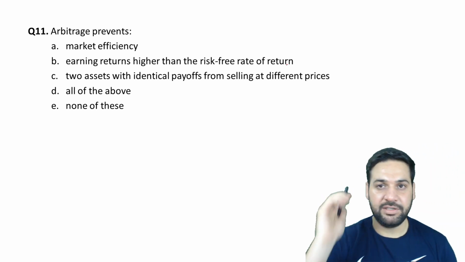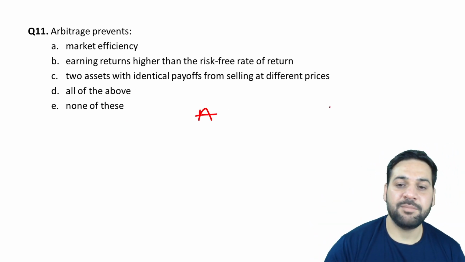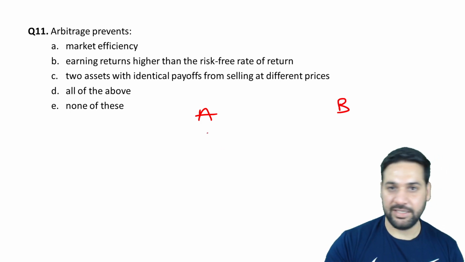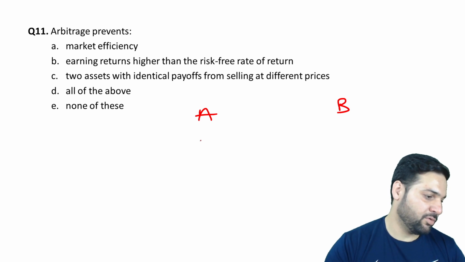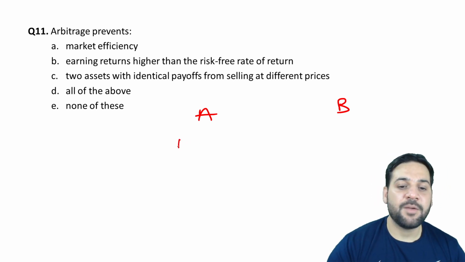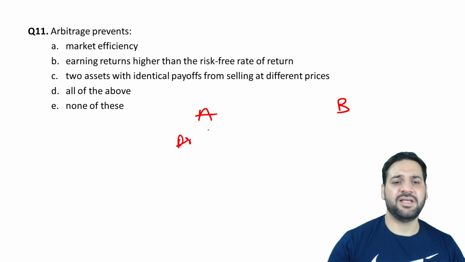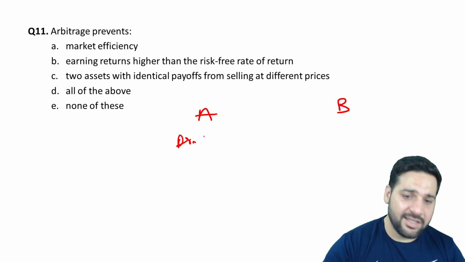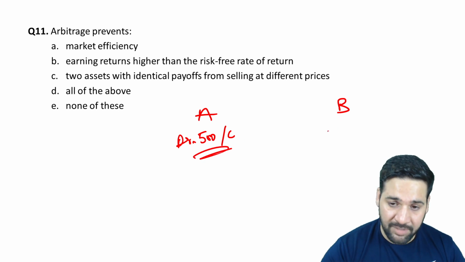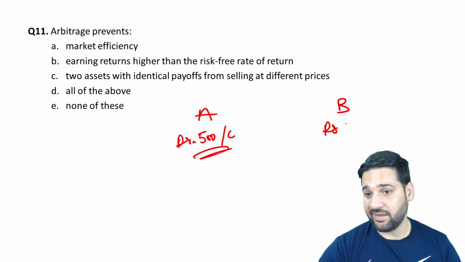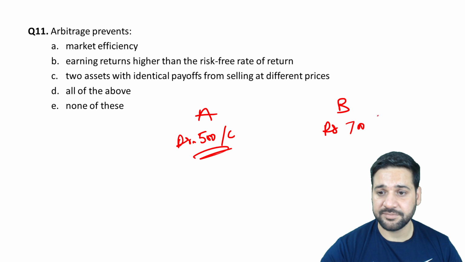Arbitrage. What is arbitrage? See, you go to market A, the wholesale market, you want to buy apples. The price of apples in the same city is, let's say, rupees 500 per crate. In market B, the price of apples is, let's say, rupees 700 per crate.